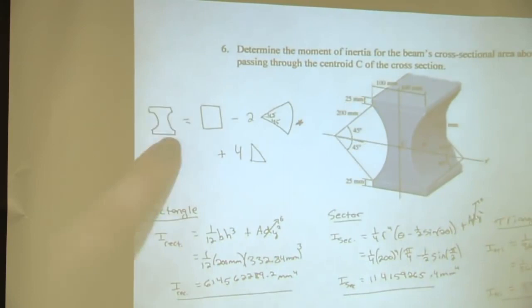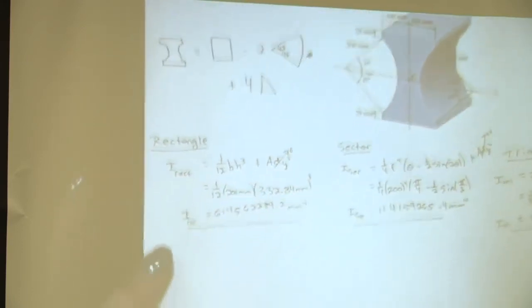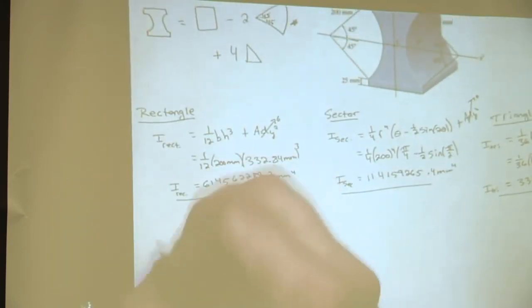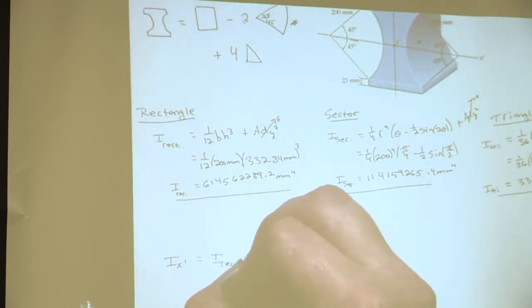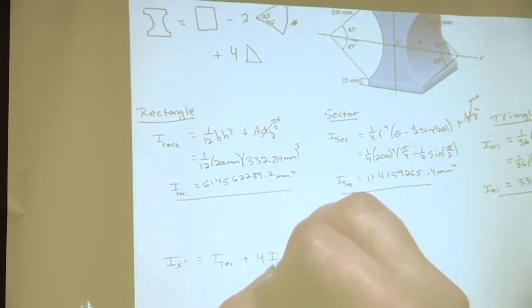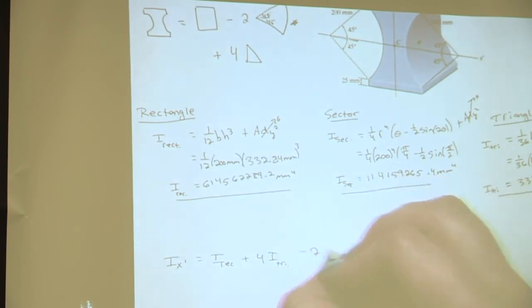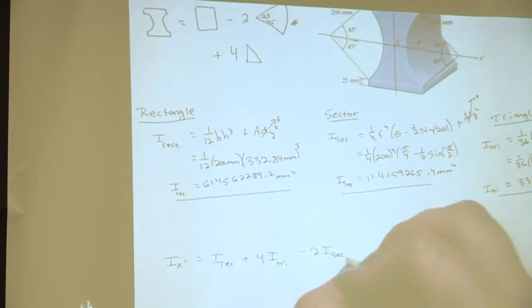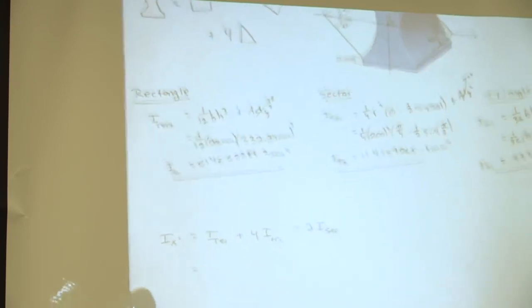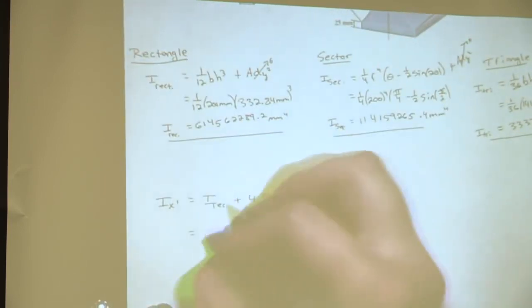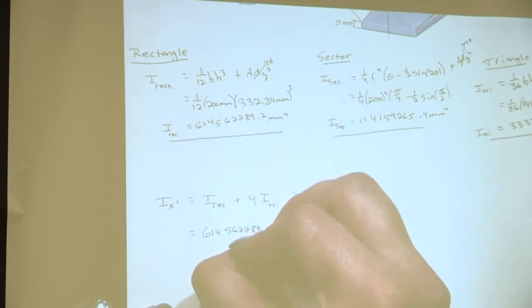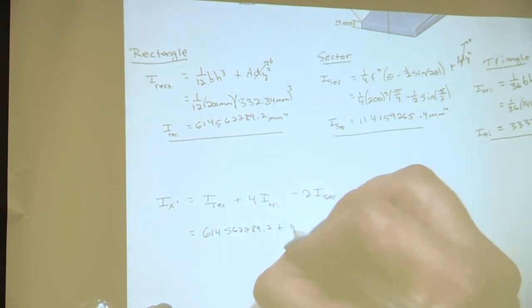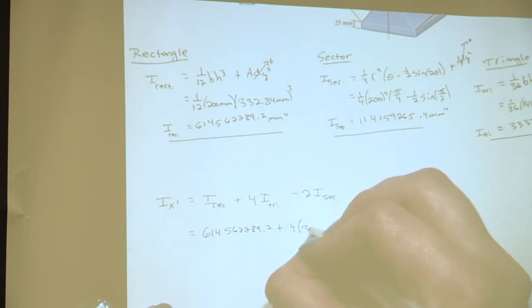Okay, so now going back up here, we have our rectangle minus 2 of those, so Ix' is equal to 1 of the rectangles plus 4 triangles minus 2 of these sectors. So the rectangle was 614, plus 4 times this.